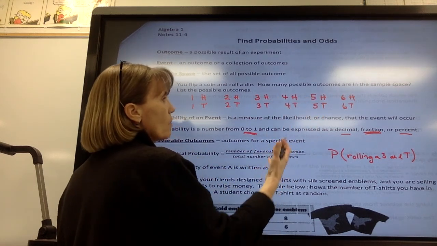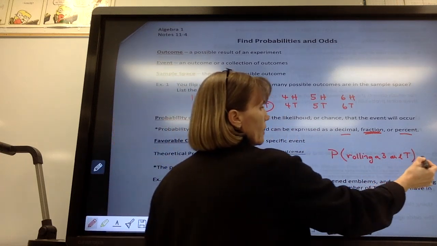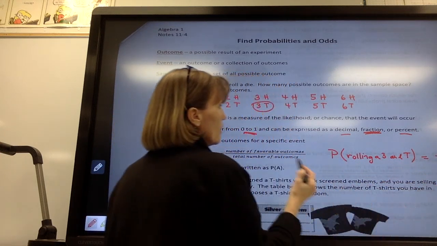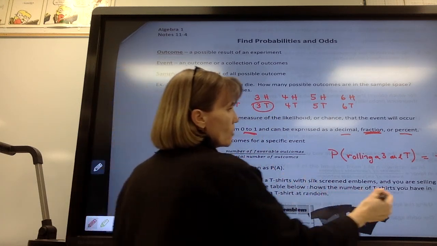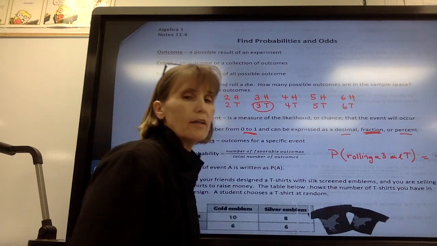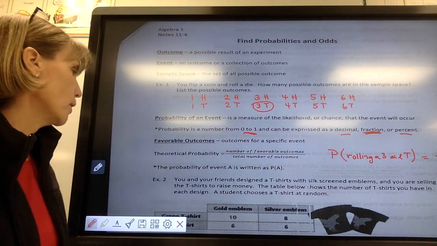That's my favorable outcome. Well, there's only one time up here that happened. And how many possibilities are there? We said there were 12. So I have a 1 in 12 chance of rolling the 3 and flipping the tails on the coin.